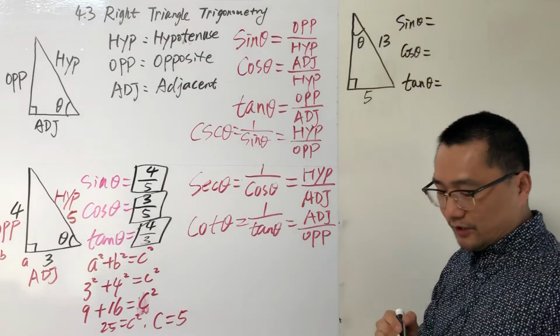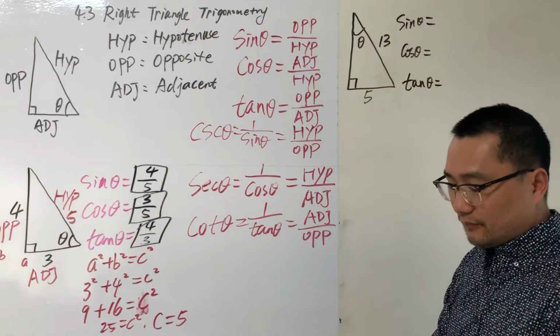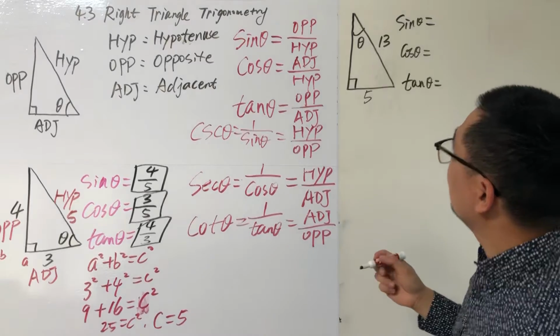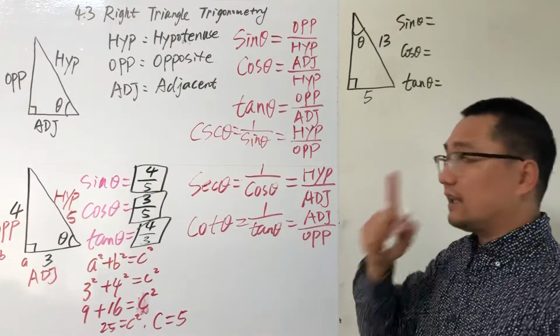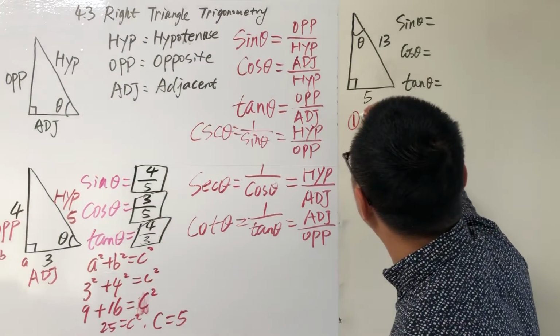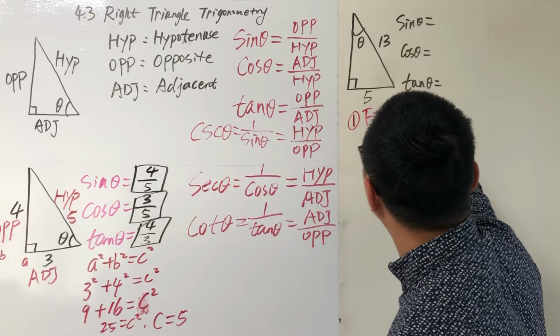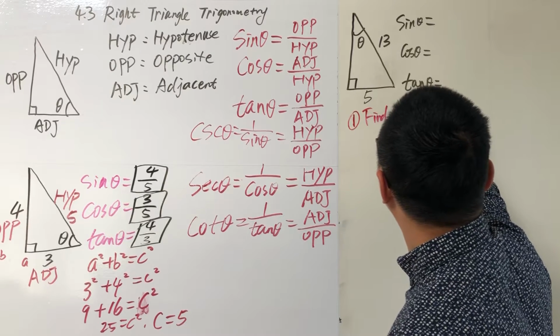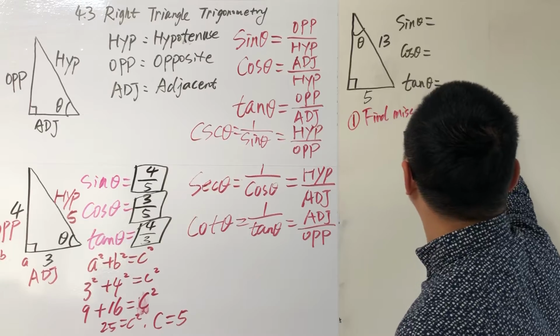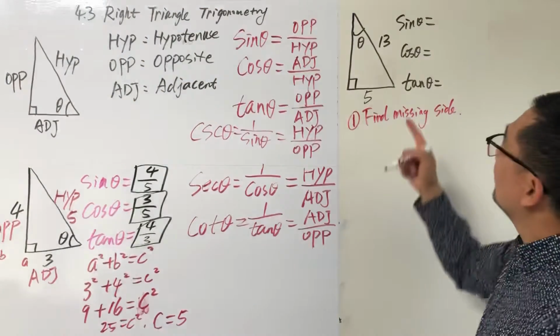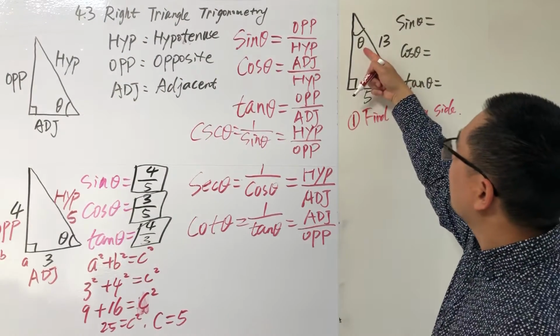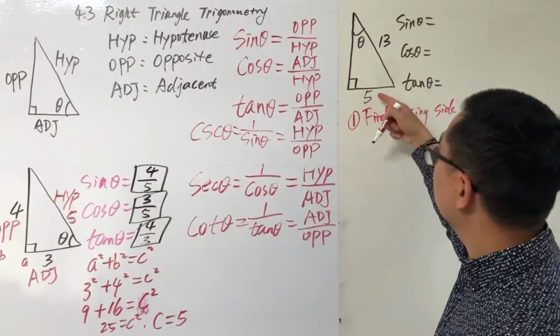So now, how can we solve this question? So, we need to find out the first step. Find the missing side. So which side is missing? So now we call theta is here. That means which side is opposite? The opposite is 5, right?